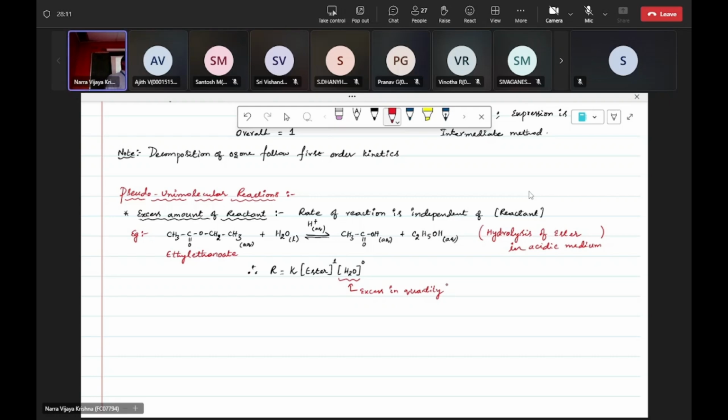Clear? By looking at this reaction, what is the molecularity of the reaction? 2. Correct? So the molecularity of this reaction seems to be 2. But it follows first order kinetics.